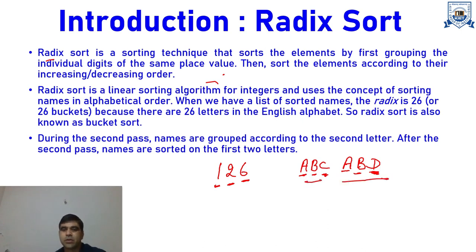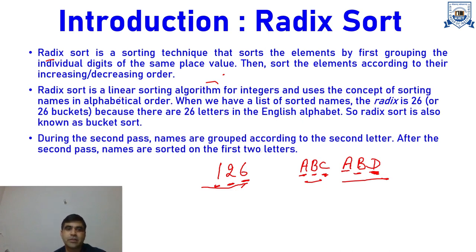The same idea is used in Radix sort to sort integers also. So we can use any type of data with Radix sort, but there are some complications.